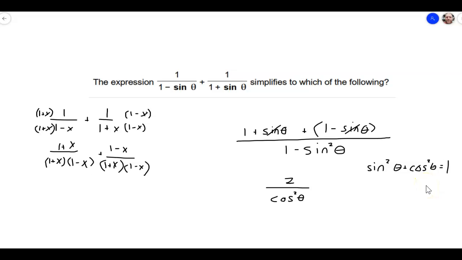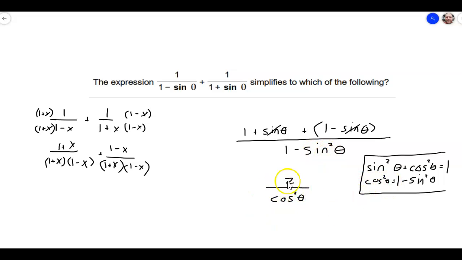So if I subtract sine squared of theta from both sides, I would get cosine squared of theta is equal to 1 minus sine squared of theta. This is just a little off to the side here. Therefore, I can replace 1 minus sine squared of theta with cosine squared of theta.